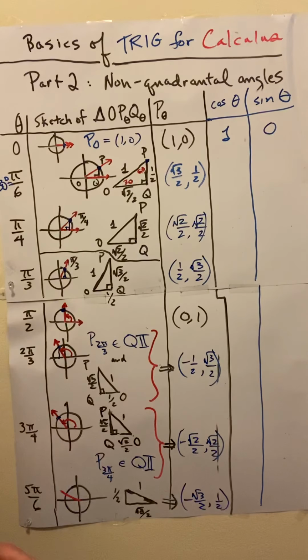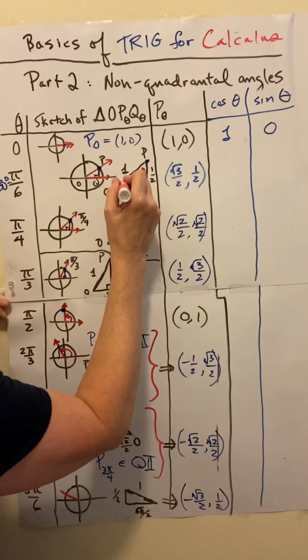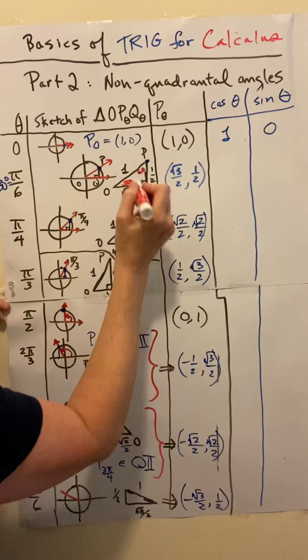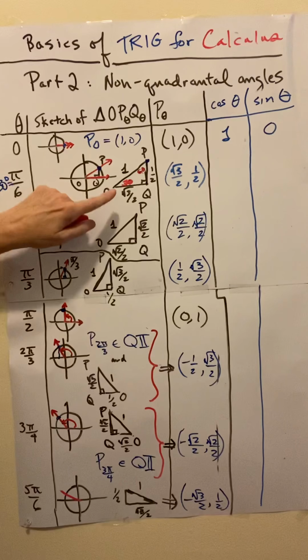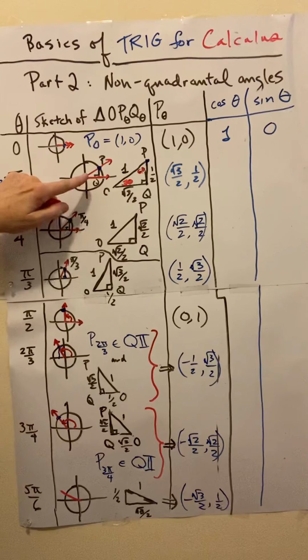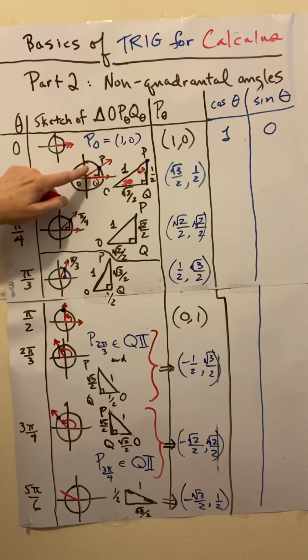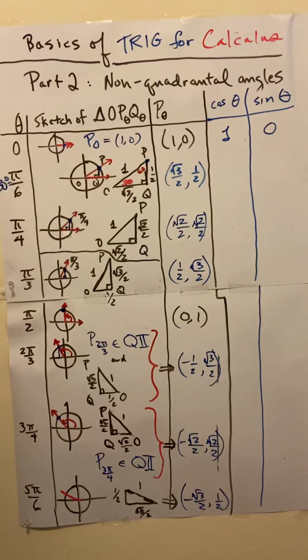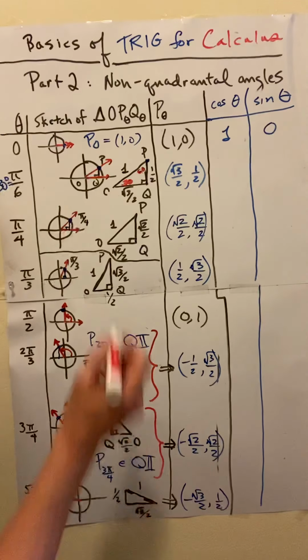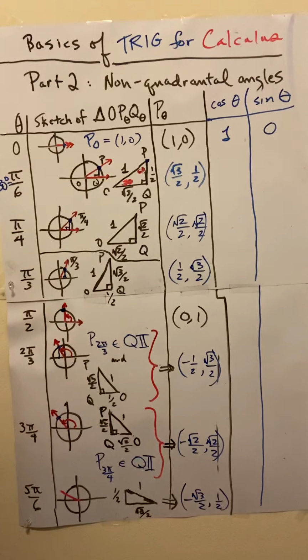The angle theta in question was pi over 6, or 30 degrees. So that angle right there is 30 degrees. Since P sub theta is where the terminal ray intercepts the unit circle, that means the distance from O to P is always equal to 1.